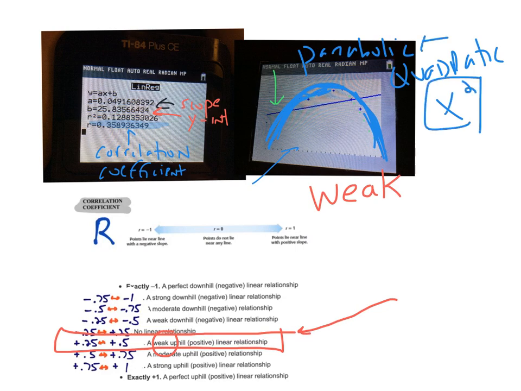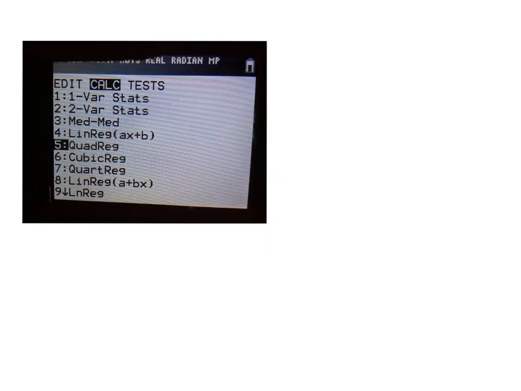So what I want to now show you is how we are going to create a quadratic regression for the data. I want you to go back on your calculator to Stat and then over to Calculate. But now I want you to select option 5, which represents a quadratic regression.